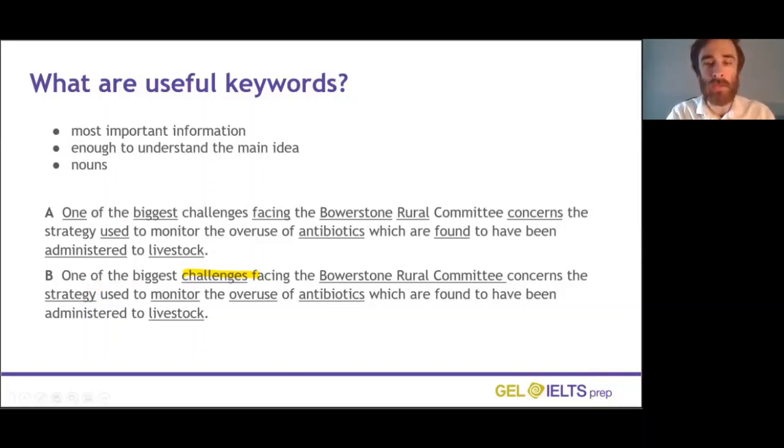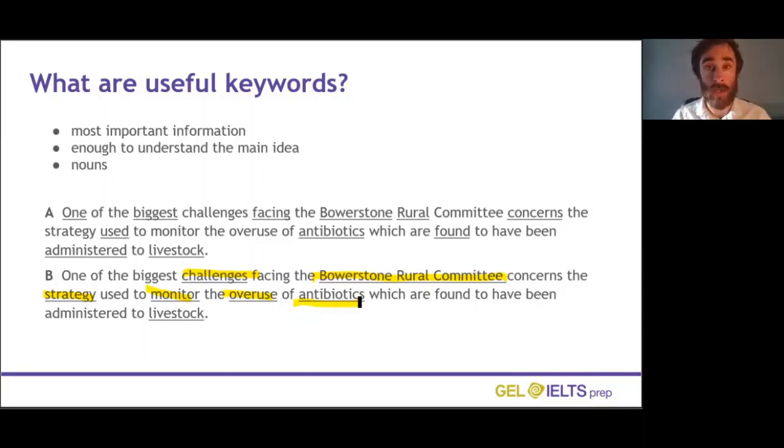Facing the Bowerston Rural Committee. This is the name of a whole organization. So we want to keep that together. It's not separate words, it's one noun phrase. Concerns. Concerns means is about. So that's not so important for the meaning. And then we're talking about the strategy for monitoring the overuse of antibiotics.